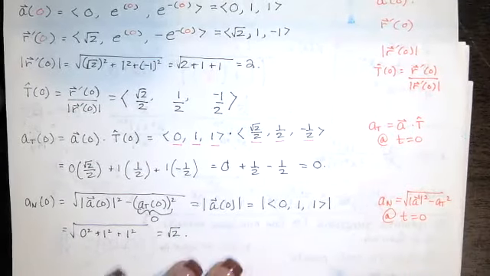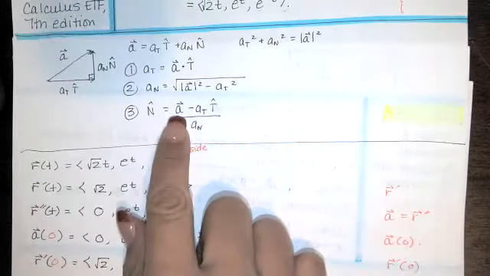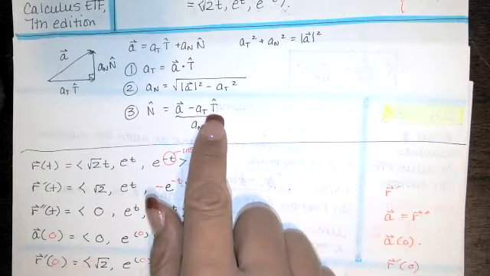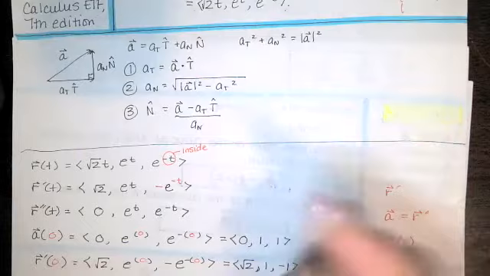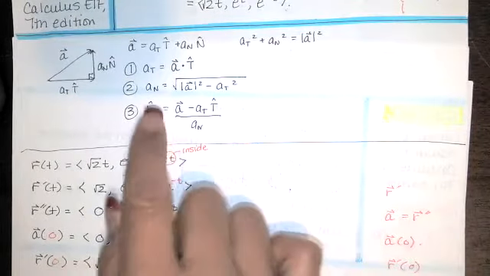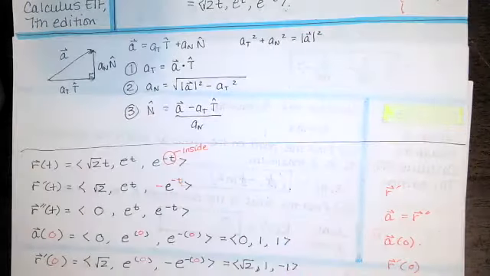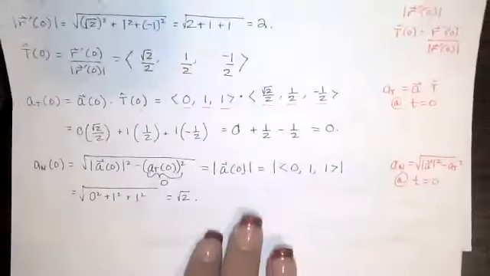Alrighty. And then n hat is our acceleration minus the tangential component of acceleration, divided by a sub n. But the tangential component of acceleration is 0 because a sub t is 0. So we're just going to take our acceleration vector and divide by a sub n.